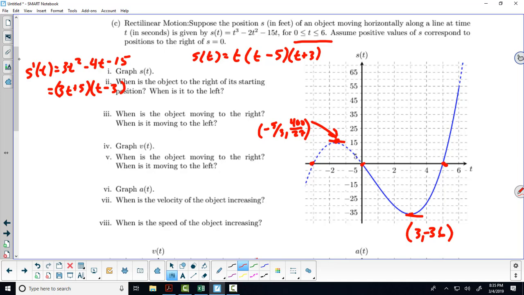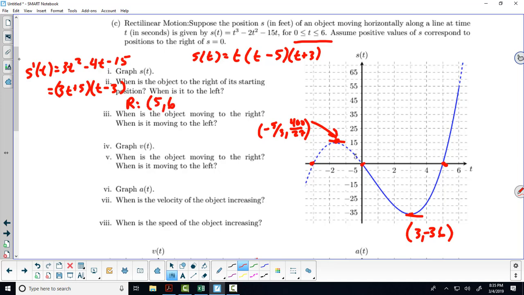They're certainly positive all through here, but our model doesn't hold there. And then they're positive from 5 onwards, but our model only goes from t equals 5 to 6. So it's moving to the right from 5 to 6. I do not include 5.